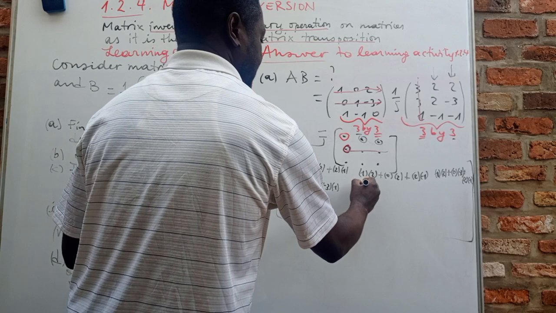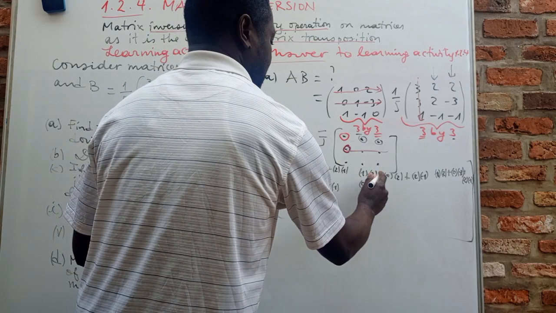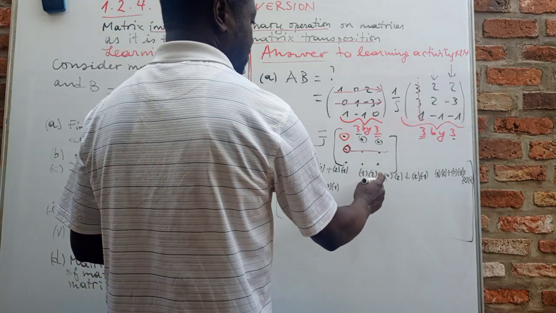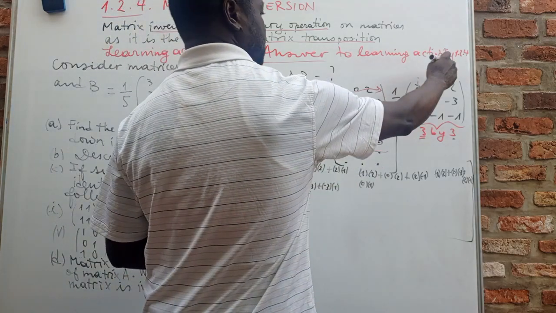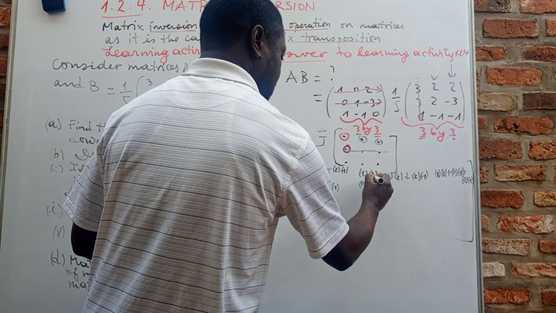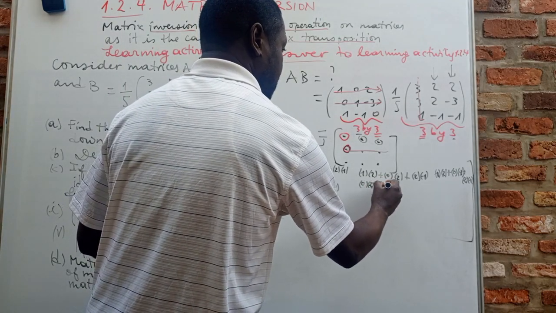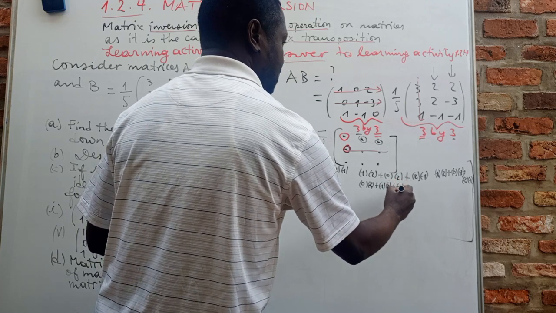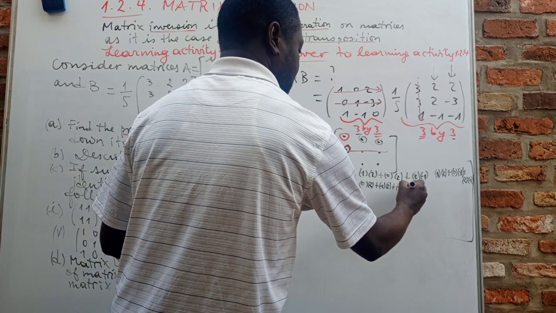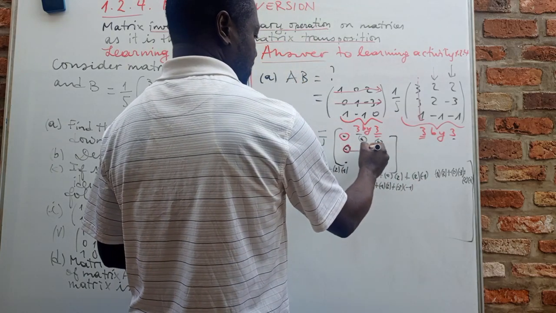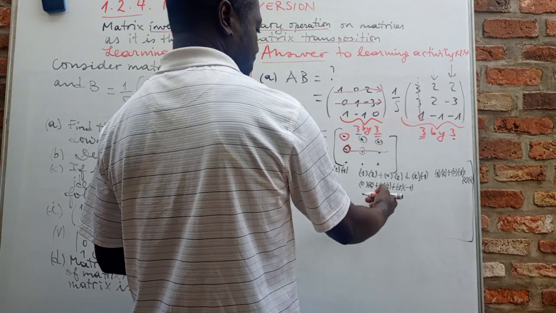Next, second row, second column: 0 times 2 plus 1 times 2 plus negative 3 times negative 1. So this is what I found for this component.